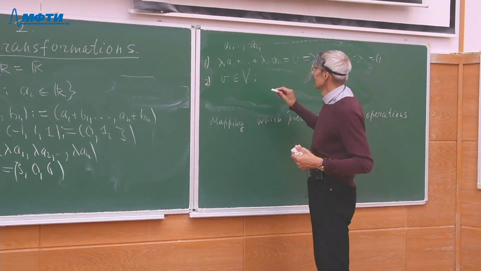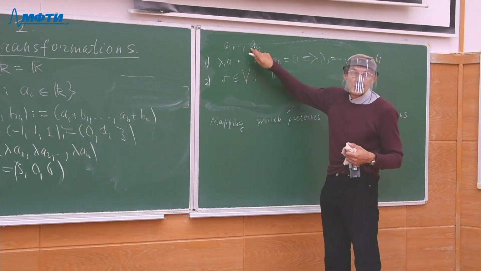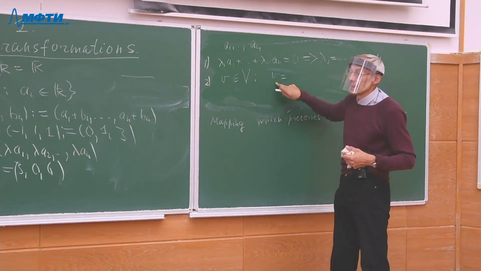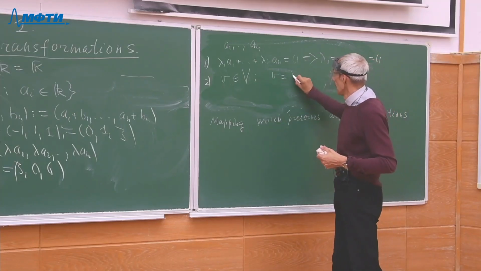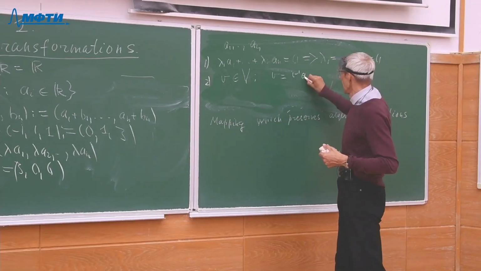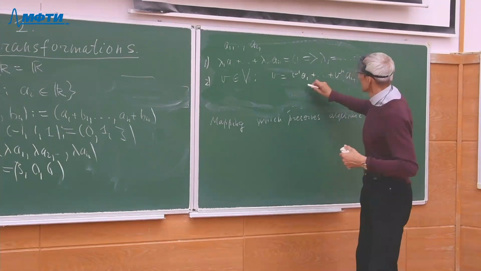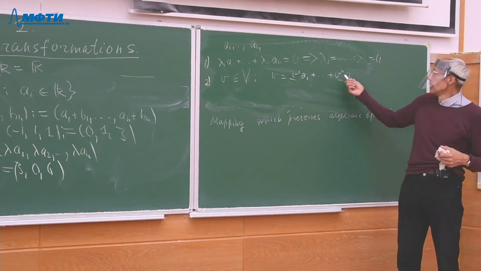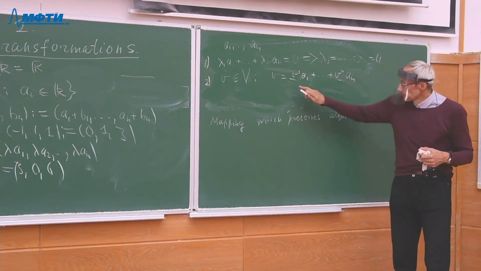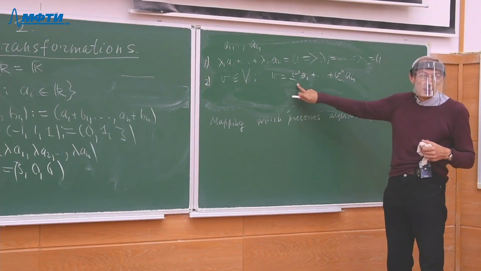Exactly, it means that there exists a linear combination of these vectors which is equal to the vector v, and these numbers v^1, ..., v^n are uniquely defined.